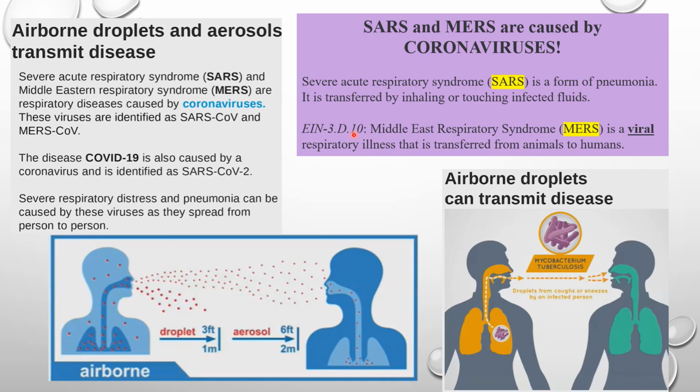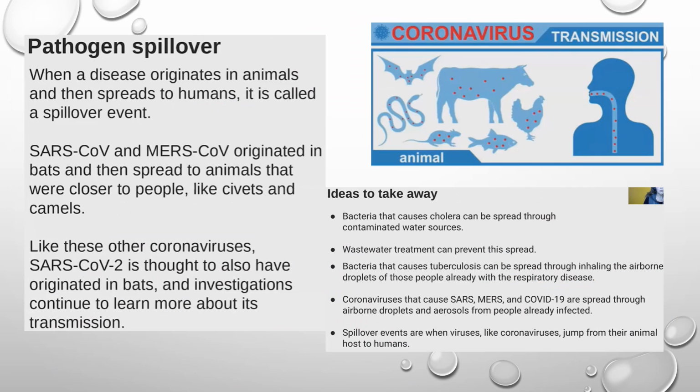So someone coughs, and as you can see from the picture down here, their little droplets are breathed in by another person, and voila, the disease is transmitted. SARS and MERS are viral. And these can be transmitted from animals to humans. Now, when a disease originates in animals and spreads to humans, it's called a spillover event.